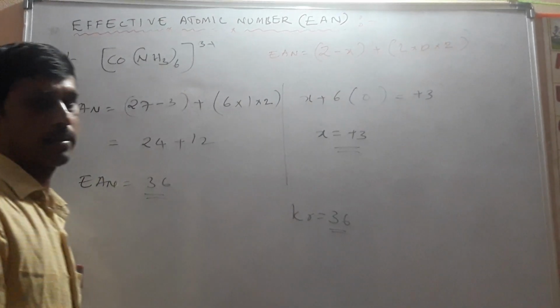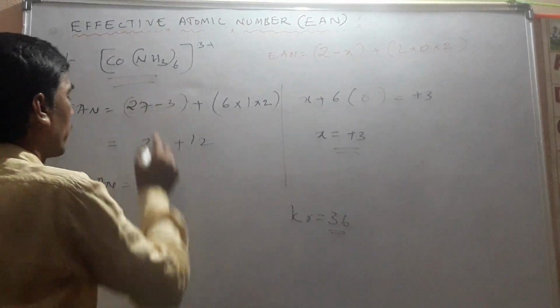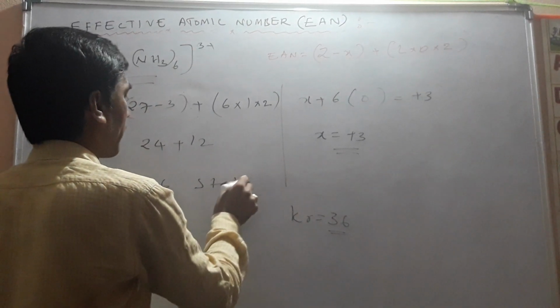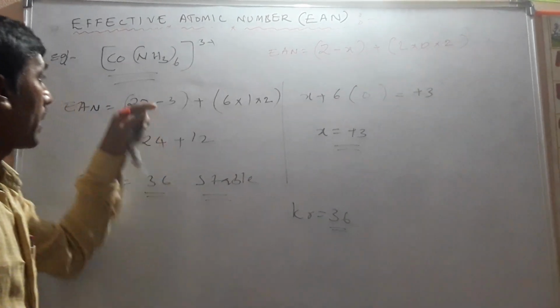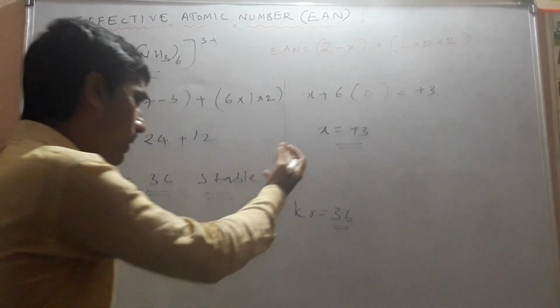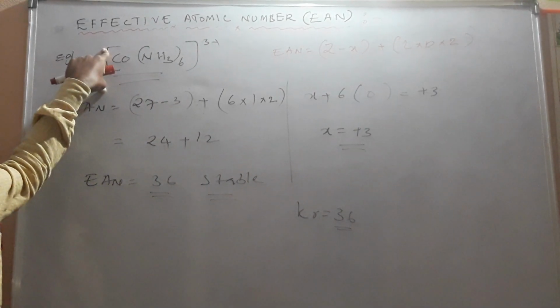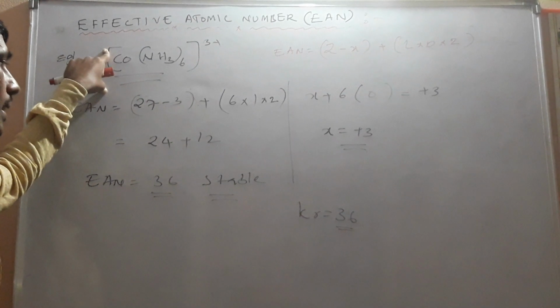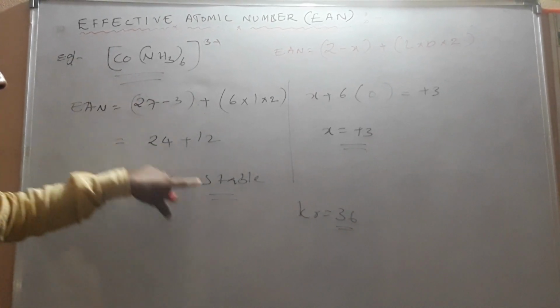That is 36. That's why this complex is also stable. Which complex's AN value is nearer to an inert gas element's atomic number, that complex is more stable. That's why this complex is also a stable complex.